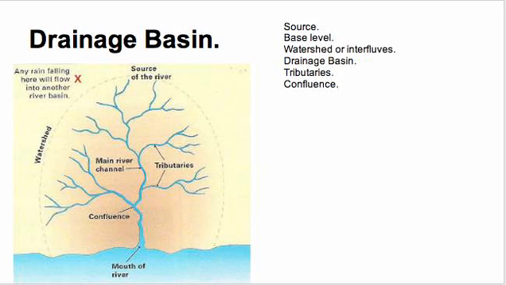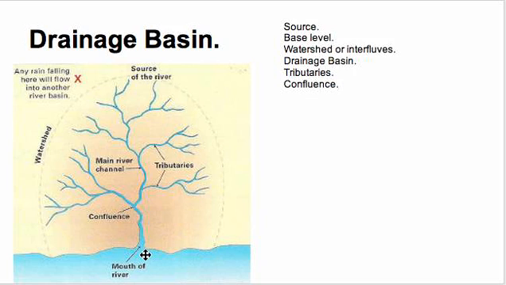Here we can see the drainage basin, and it's not too difficult to understand. There's the source of the river, that's where it starts. It's the furthest point away from the mouth of the river where it enters the sea or a lake. Remember, we call that the base level.